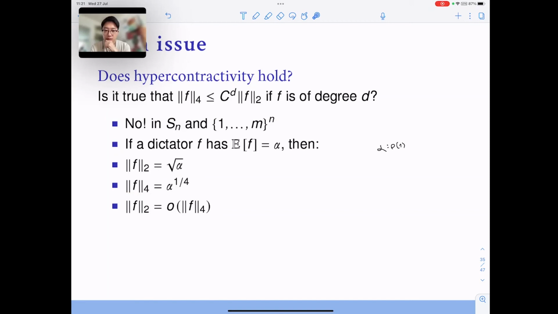So the 2 norm is little o of the 4 norm. That's bad news for hypercontractivity, because we'd like the 4 norm to be within a constant of the 2 norm for degree 1 functions. But if the dictator is small, then we have no hope of proving hypercontractivity.